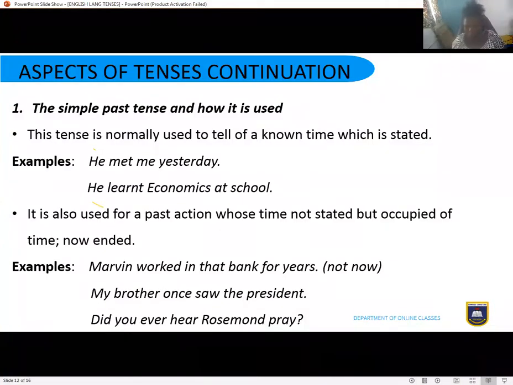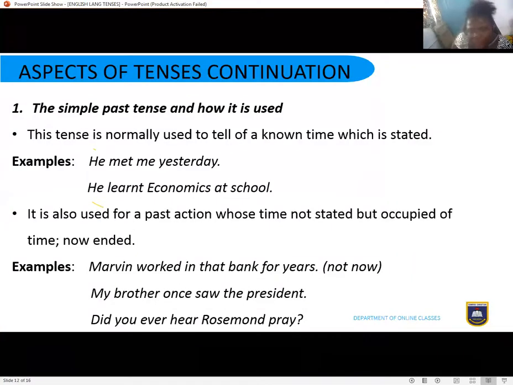Now with the past tense, you know the time the action has taken place. All right. So if it was yesterday, you know it. If it is this morning, you'll be aware. If it is last week, you'll be what? Aware. Now let's look at the following example.